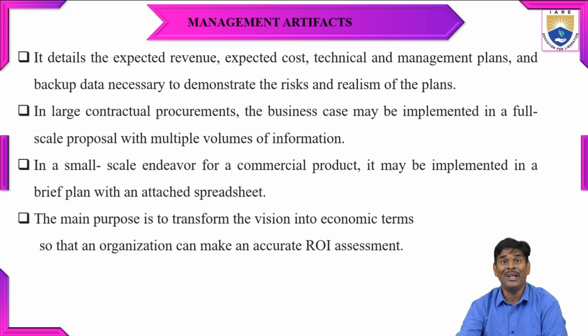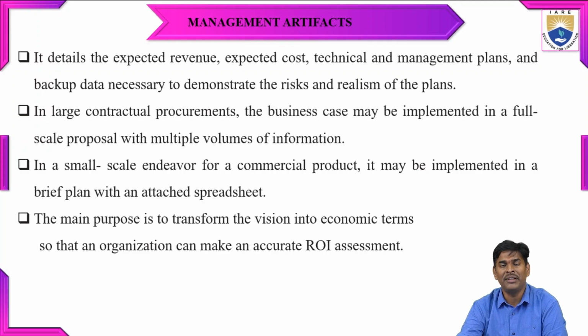They also have the expected revenue and expected cost, technical and management plans, and the backup data to demonstrate the risk and realism of the plans. The next one is to check the contractual procurements, and the business case may be implemented as a full scale proposal with multiple volumes.